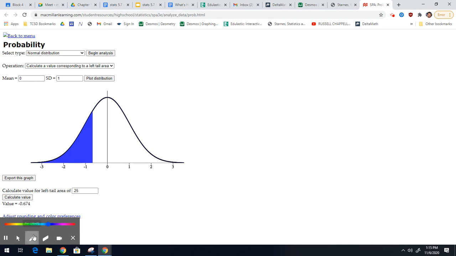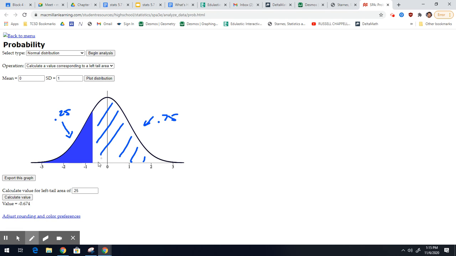So this picture needs to be included in your response. This area is 0.25, which means that this area here is 0.75. And this z, which is equal to negative 0.674, is the value of z where those less than it are 25% of the people, and those greater than it are 75% of the people. This z is going to correspond to the actual height that determines this breakdown.